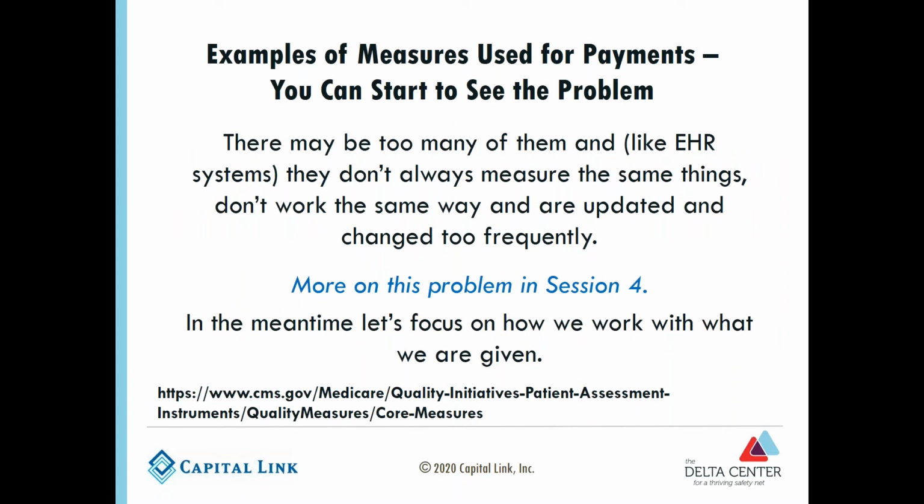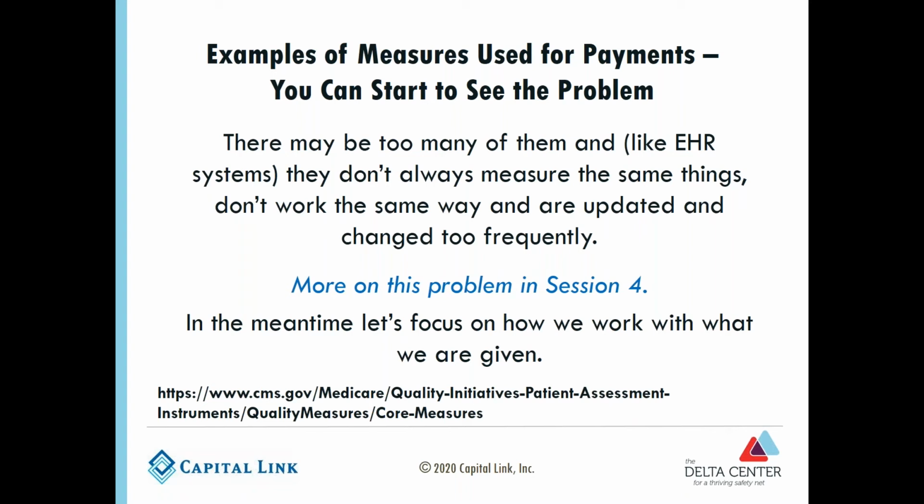So like we've talked about, there are examples of measures to be used. There's a lot of them. There may be too many of them. They don't measure the same things. They don't work the same way. I think you have to understand what it is within your particular state, your particular environment, and what those measures should be. And also, what are your patient conditions?